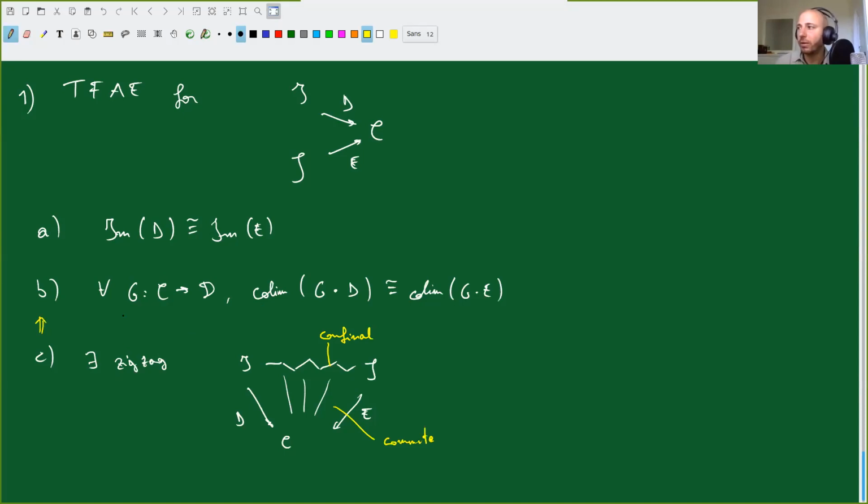But what I want to say is that the image really captures this behavior. We say in this case that D and E are mutually confinal if this happens.